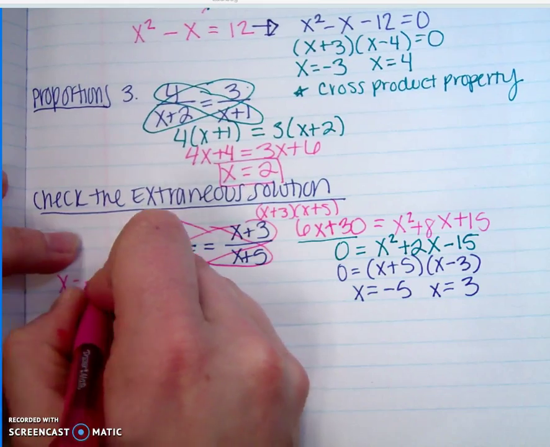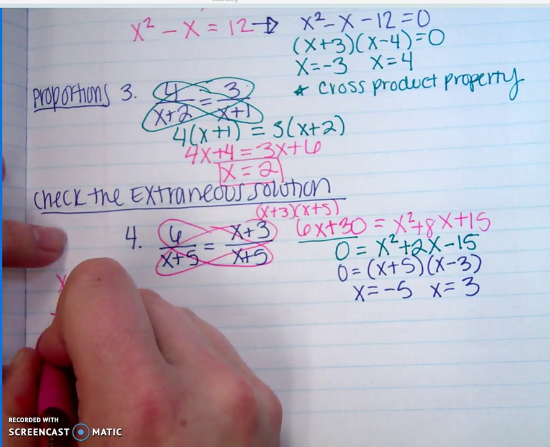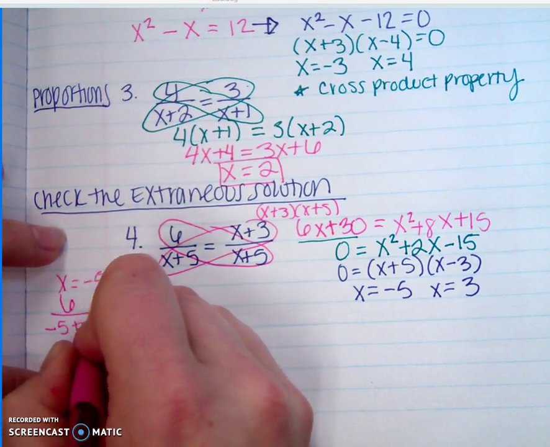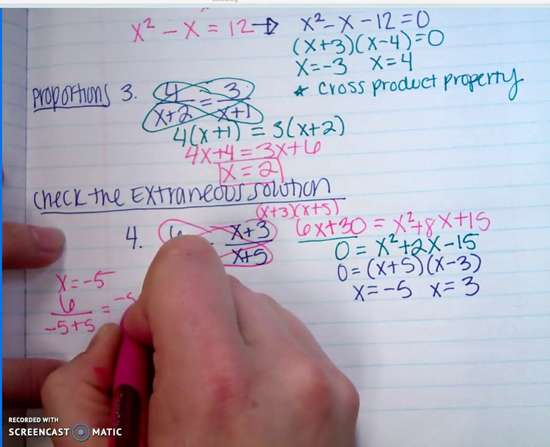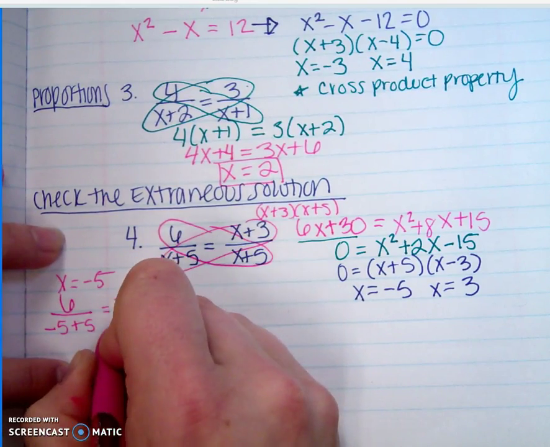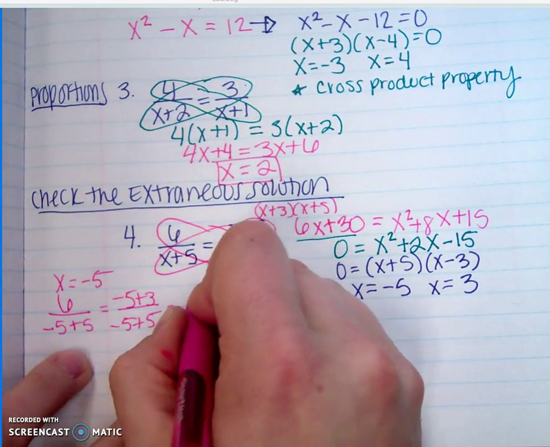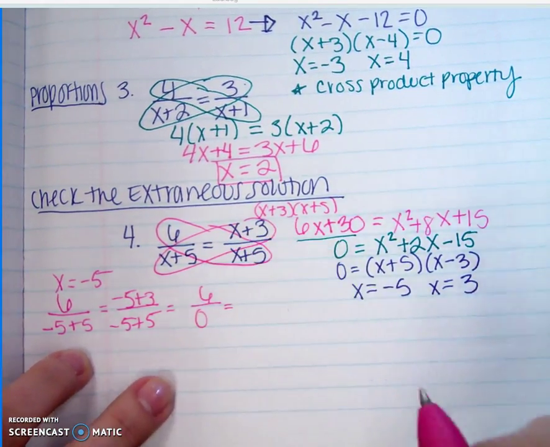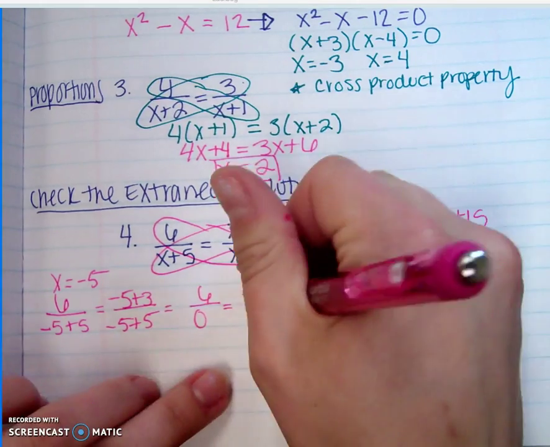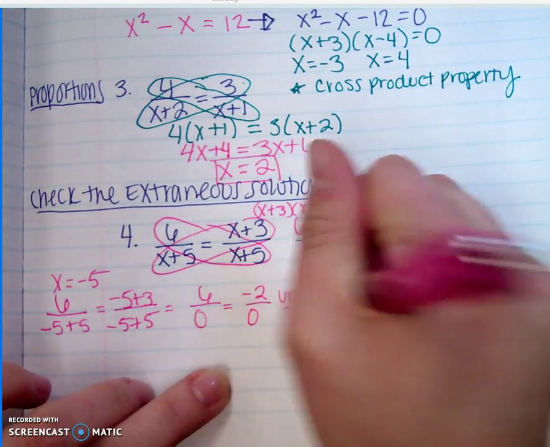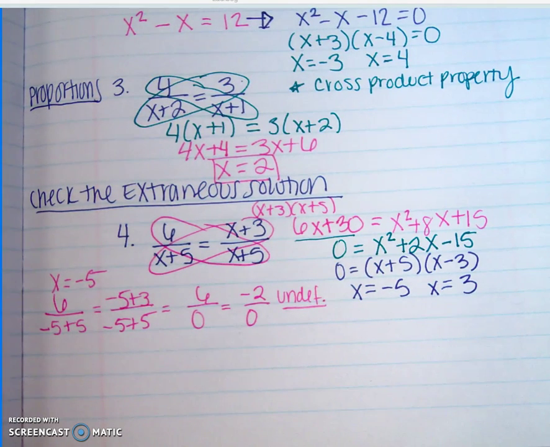If x equals negative 5, 6 over negative 5 plus 5 equals negative 5 plus 3 over negative 5 plus 5, which is just 6 over 0 equals negative 2 over 0, which is undefined, as we know. We knew that extraneous solution could not have been that negative 5, okay?